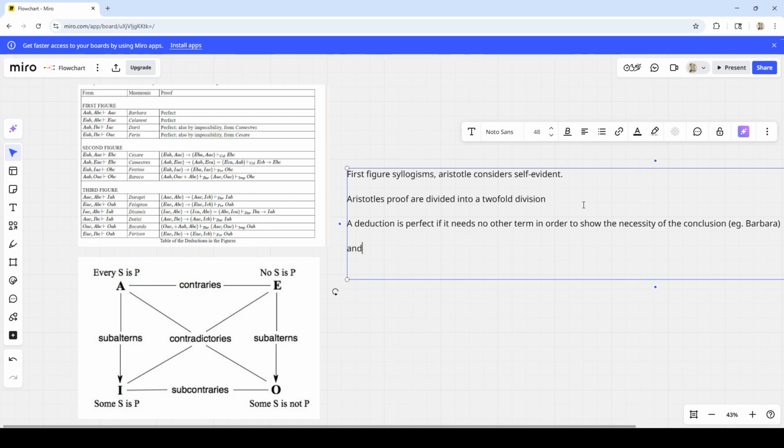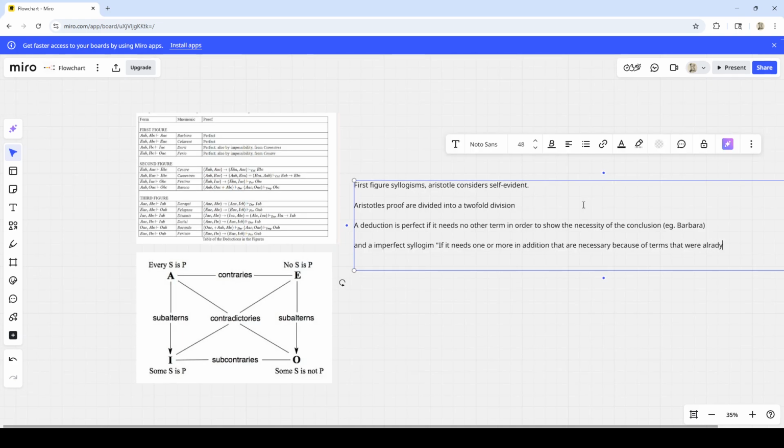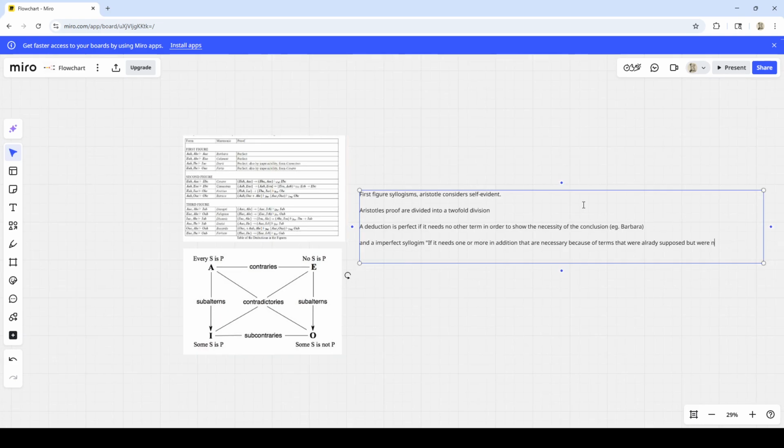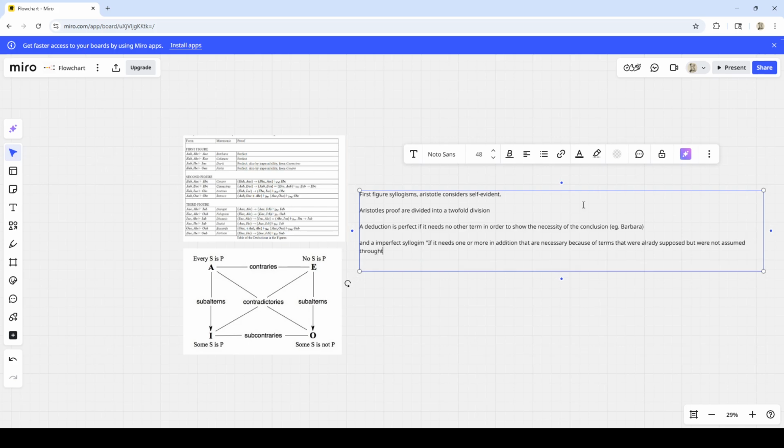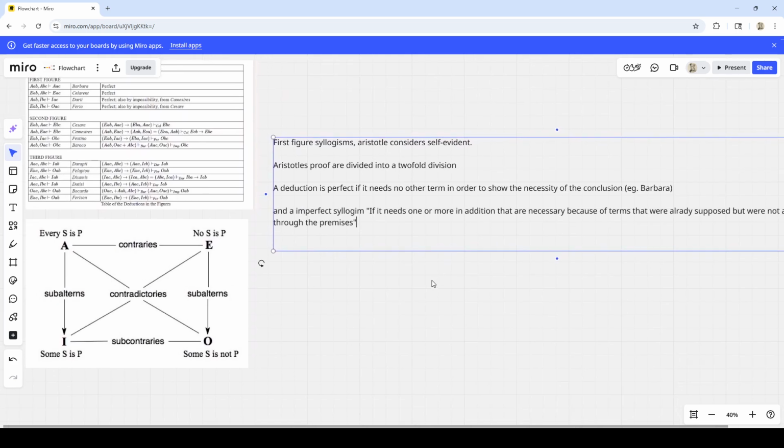And an imperfect syllogism is one that needs one or more additions that are necessary because of the terms that were already supposed but were not assumed through the premises. So that's just to quickly go over what a perfect syllogism and an imperfect syllogism really is.